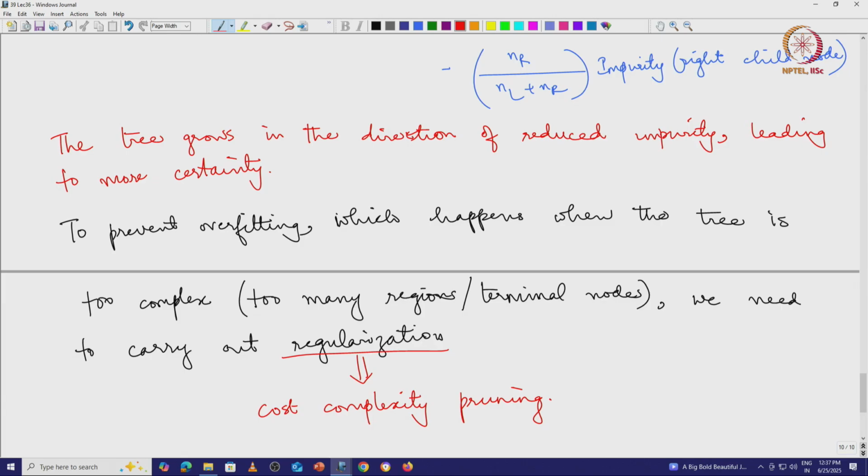You look at subtrees and keep on pruning until you get a desired trade off between the complexity of the model and the accuracy of the model on an unseen data set. The regularization parameter, alpha, decides how much you penalize the size of the tree, and that can be determined by cross validation.